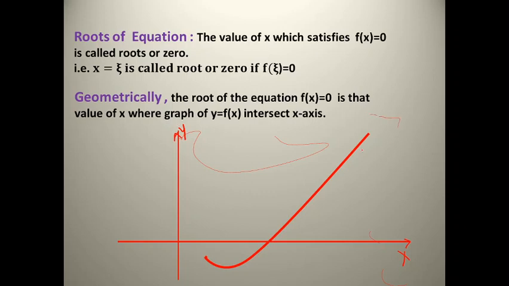This is the curve y is equal to f of x, and this curve cuts the x-axis at this point. So this is nothing but the root of the equation. The point where the curve cuts the x-axis, alpha, is called the root of the equation.